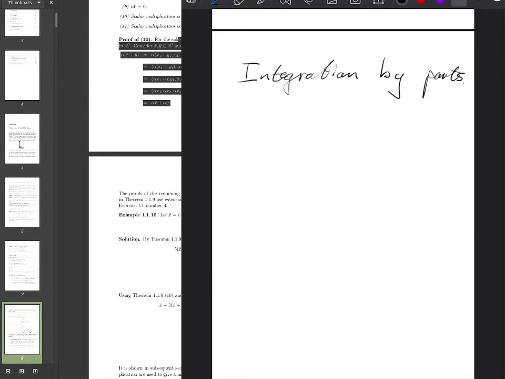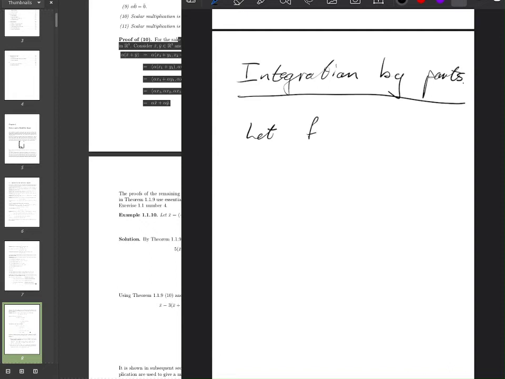Okay, and what is integration by parts? Integration by parts is an application of the fundamental theorem of calculus and the product rule for derivatives. So let's write down exactly what we mean by this.